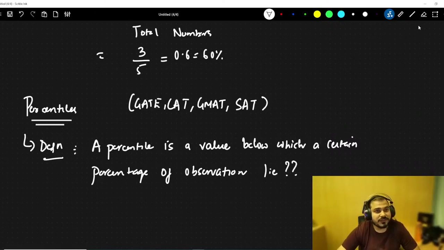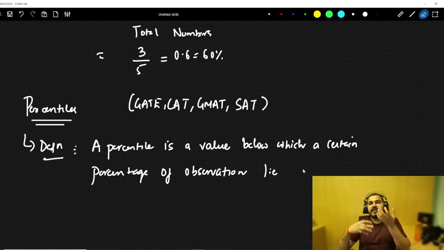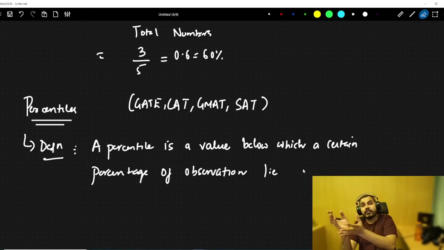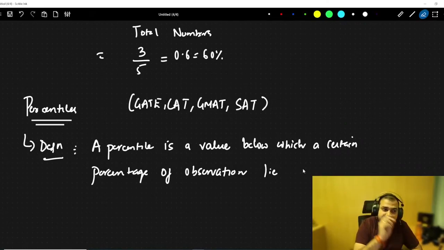This is the definition of percentile. It is basically a value. If I say this number is the 25th percentile, this basically says that 25 percent of the entire distribution is less than that particular value. So a percentile is a value below which a certain percentage of observations lie.